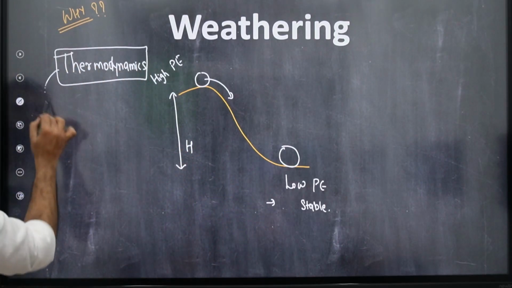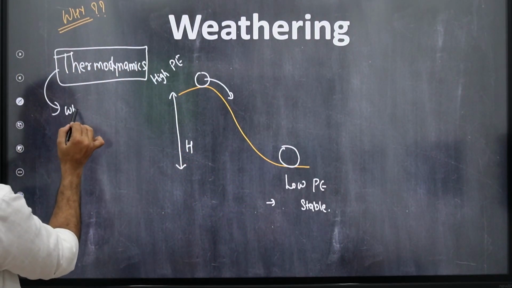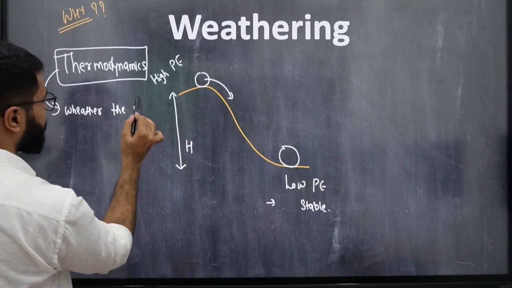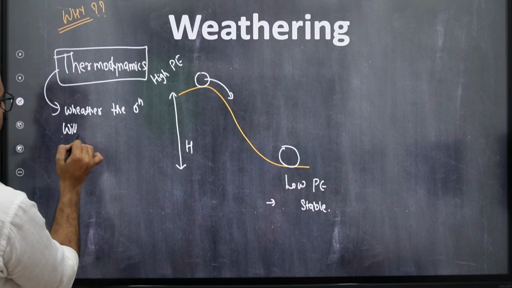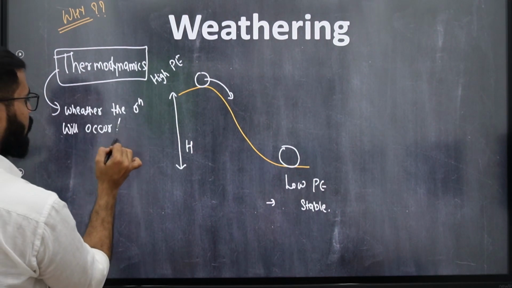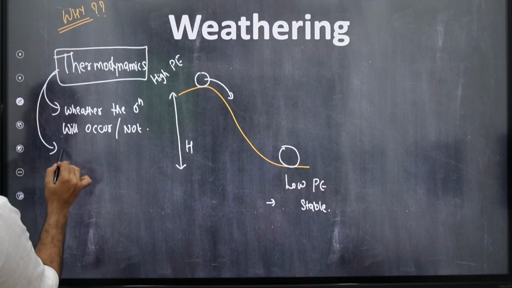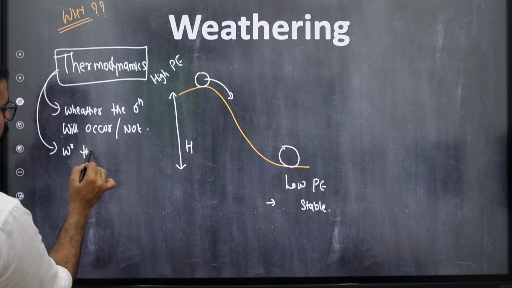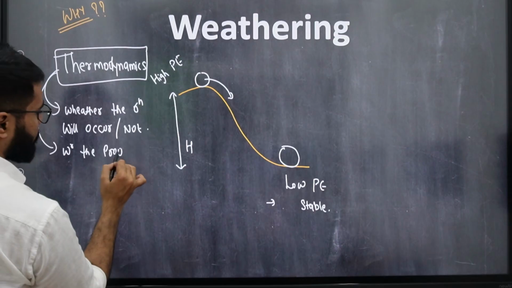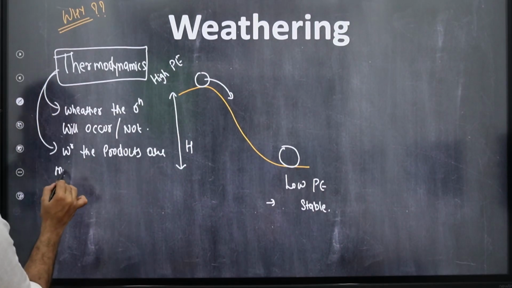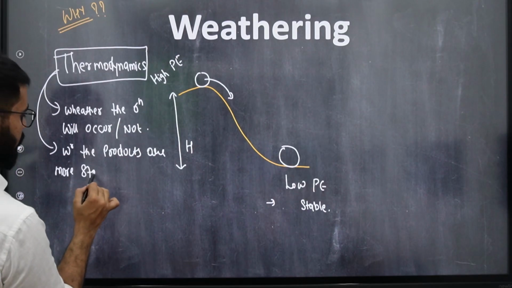Thermodynamics talks about whether the reaction will occur or not. It talks about whether the products are more stable than the reactants.